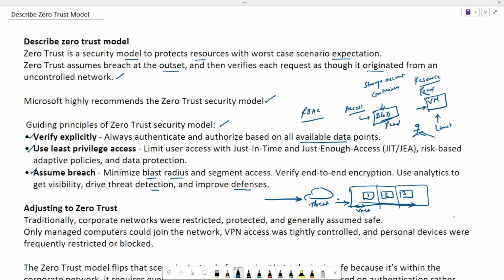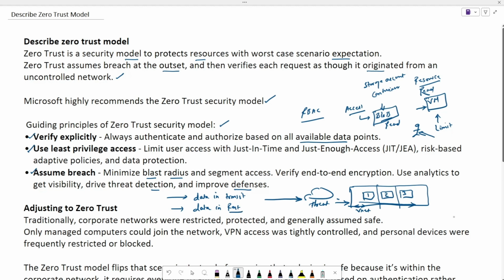There are two types of encryption. One, data in transit, and the other one is data at rest. Data at rest is by default supported by Azure.